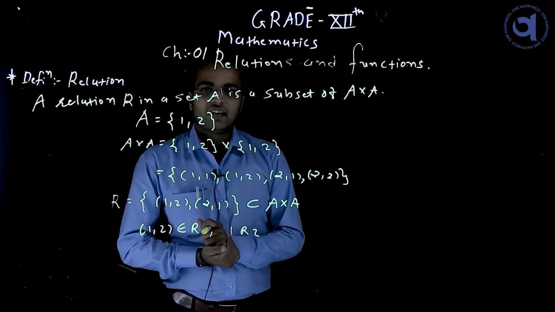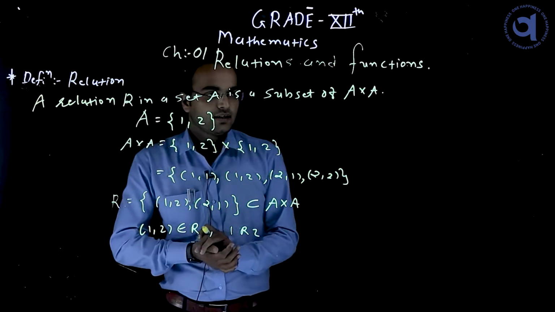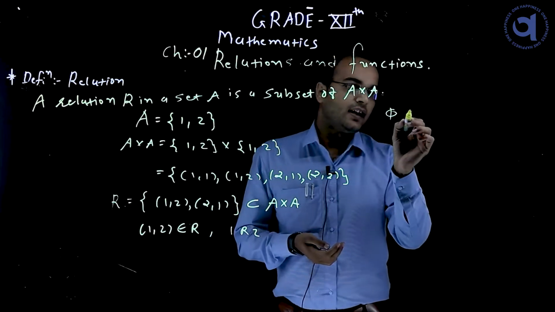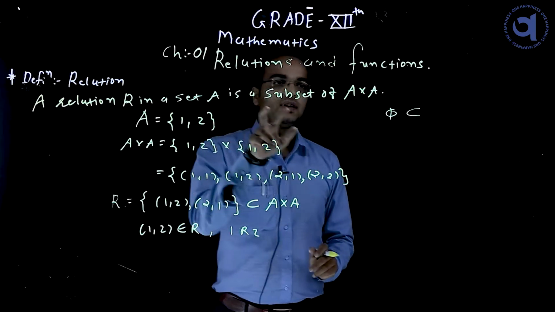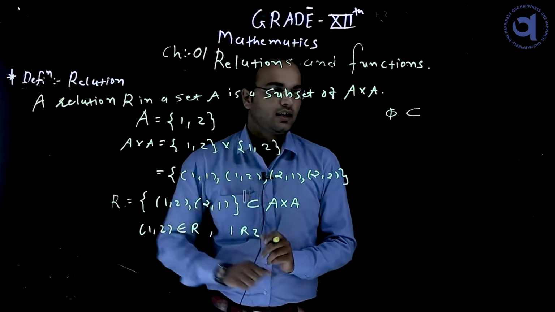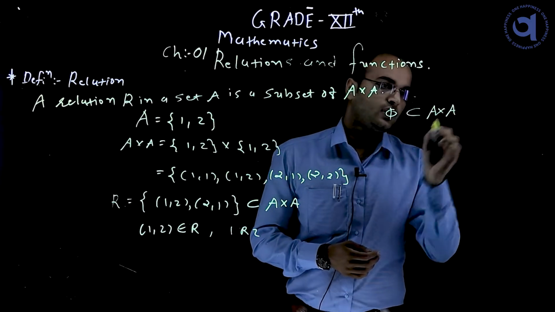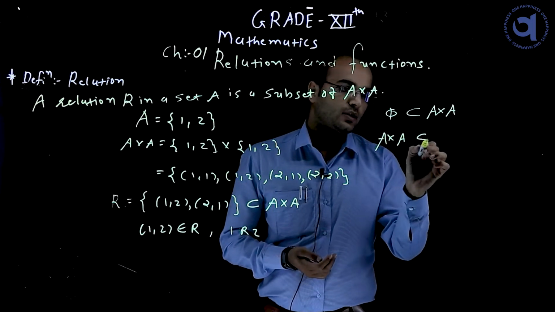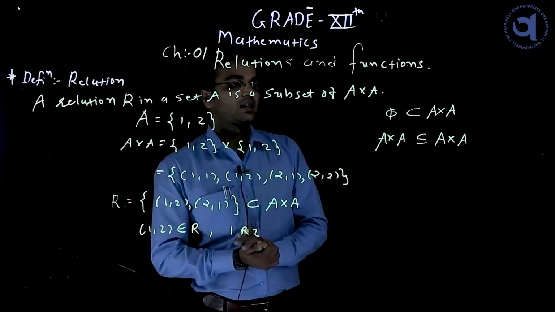Now there are various types of relations. In set theory we already studied that phi is a subset of any set, and look at the definition: any subset of A cross A is a relation. So we can write phi is a subset of A cross A, and also A cross A is a subset of or equal to A cross A. By the definition these two are relations.